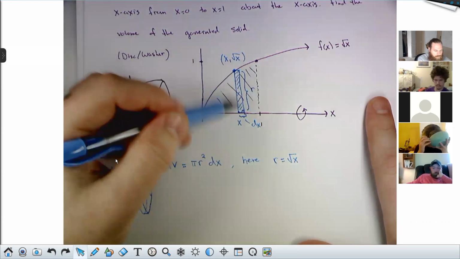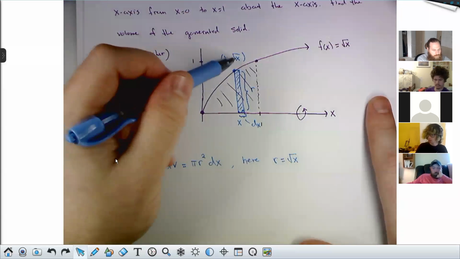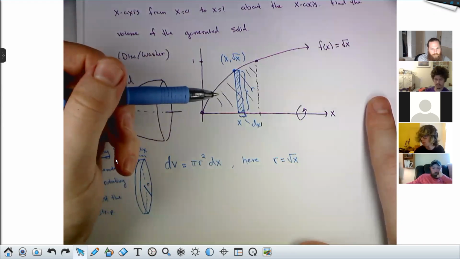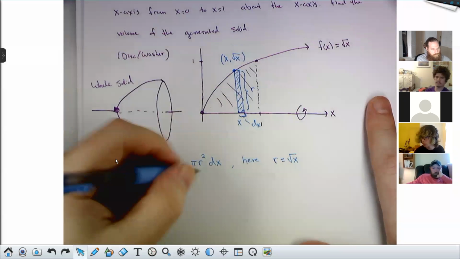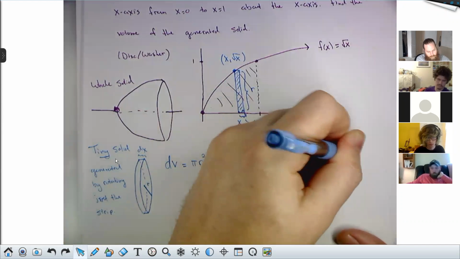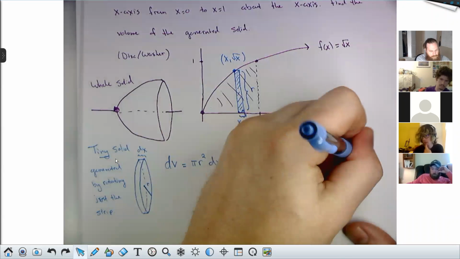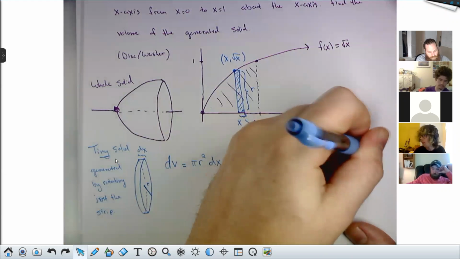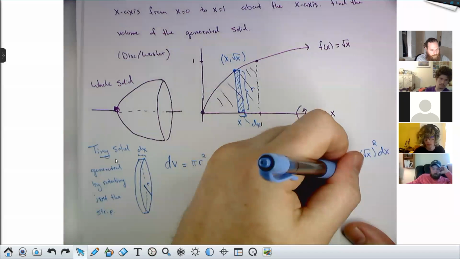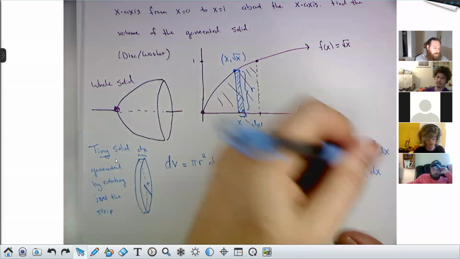So the height of this strip, which is the radius of this disk, is the square root of x minus the y value here, which is 0. So dV is equal to pi times the radius squared times dx, or just pi times x dx.